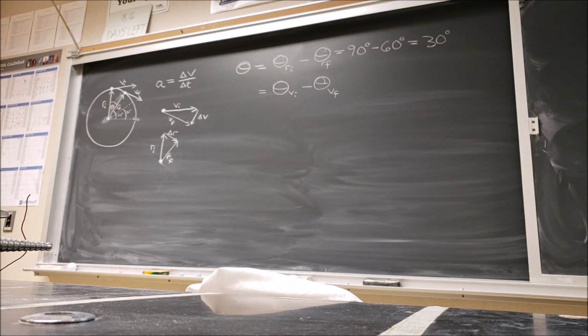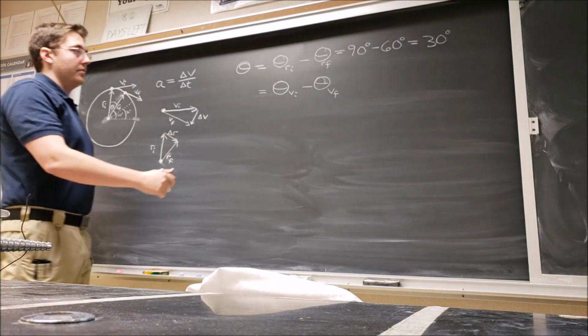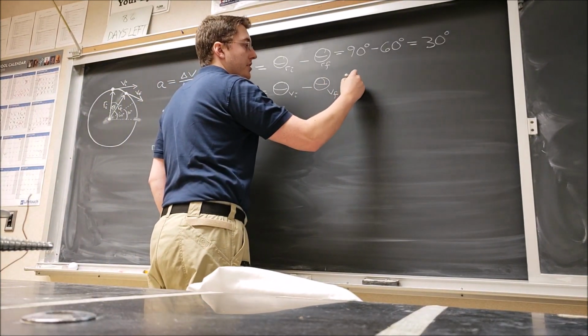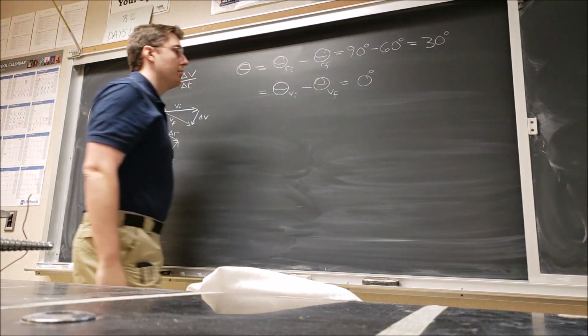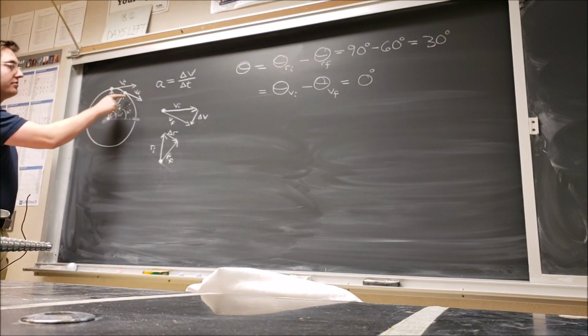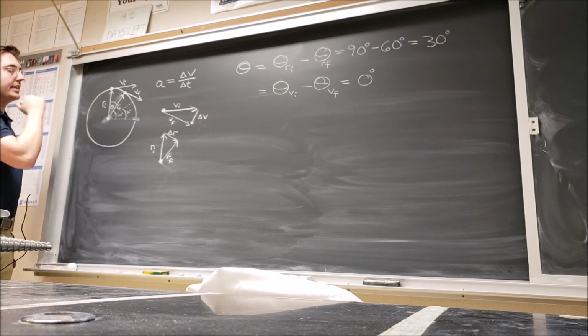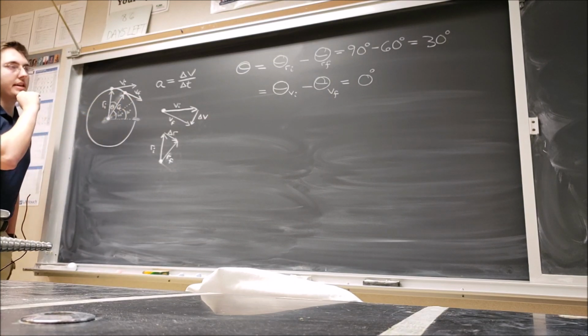You see how it's kind of flat, right? So this would be pretty much 0 degrees. And then what would you say the angle of this final velocity is? Negative 30.